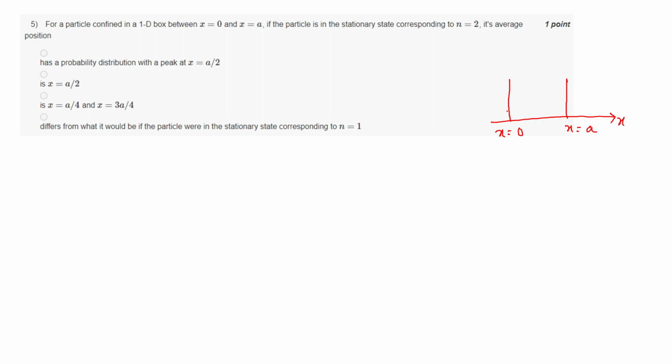The third answer, that is x equals a by 4 and 3a by 4, is the correct answer, sir. x equals a by 4 and x equals 3a by 4. Yeah. Okay.